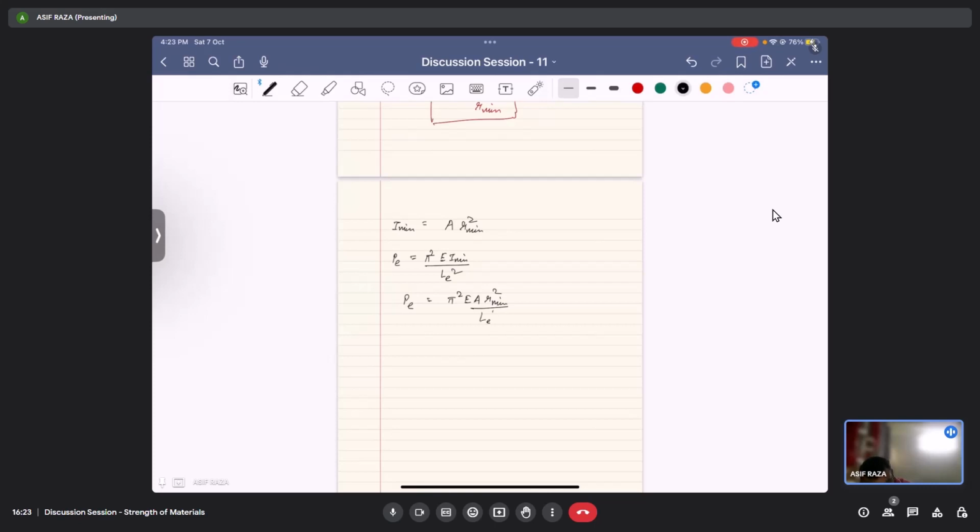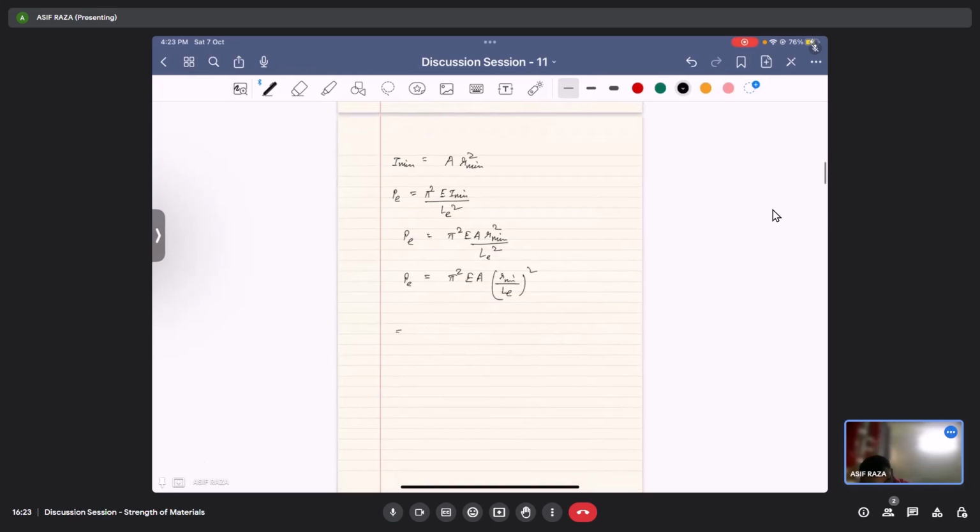So LE square again simplified as E A R minimum upon LE square. Thus it can be written as pi square E A upon lambda square. So this is also one way to find the Euler buckling load.